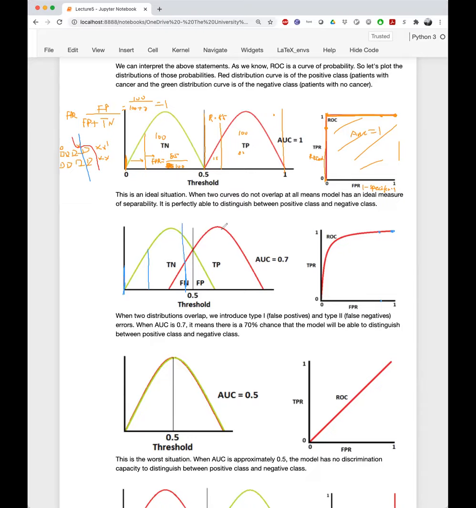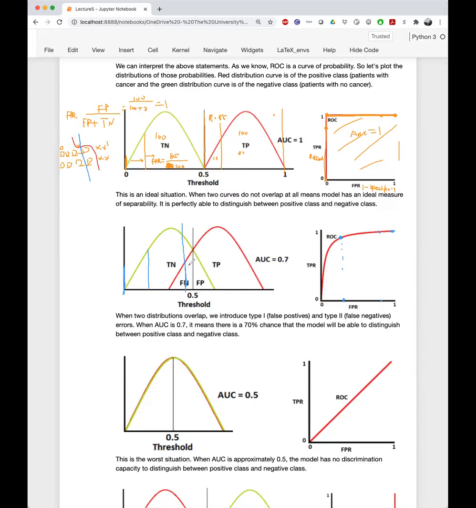And what's the false positive rate? The false positives will be the area under the green curve and this vertical line. It's about 15 versus 85. So it's 15 over 100. That's 0.15. So we have 0.15 and 0.95, right? So that would be this point here.